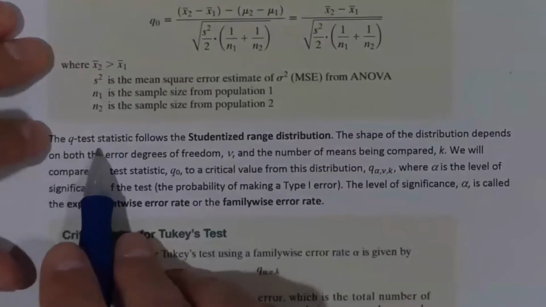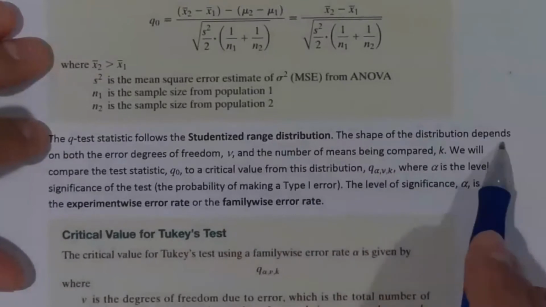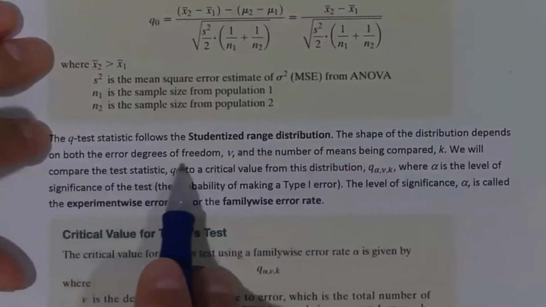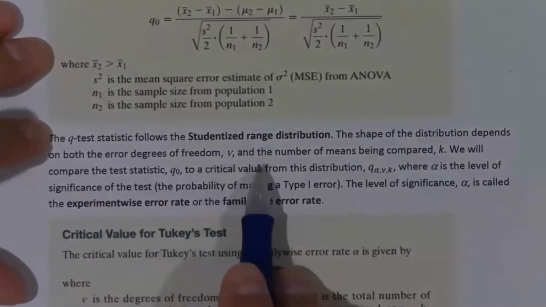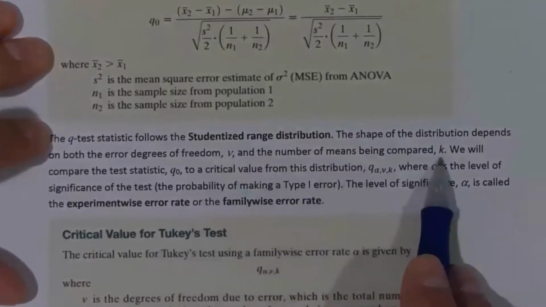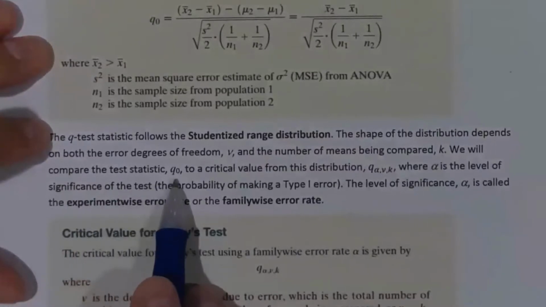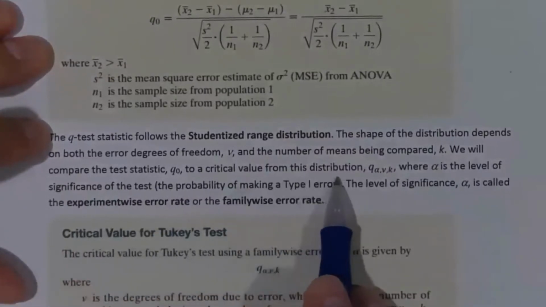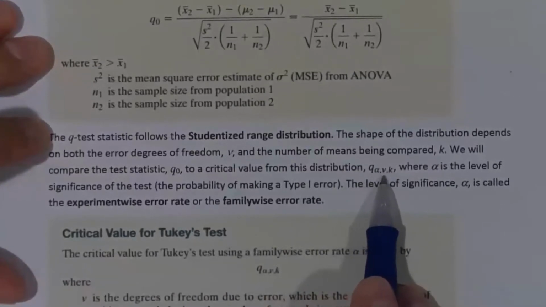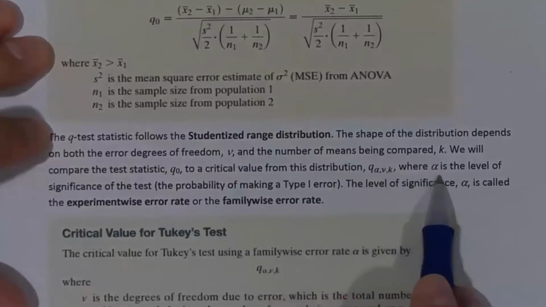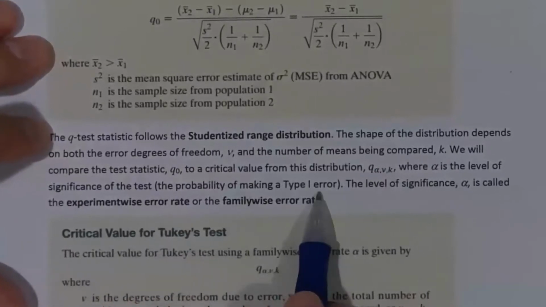Now, the Q test statistic follows a studentized range distribution. The shape of the distribution depends on both the error degrees of freedom, which we're going to denote by this symbol, looks sort of like a funky V, and the number of means being compared, K. We will compare the test statistic Q0 to a critical value from this distribution, and the critical value is going to be denoted by Q sub alpha, V, K, where alpha is the level of significance of the test, which is the probability of making a type 1 error.